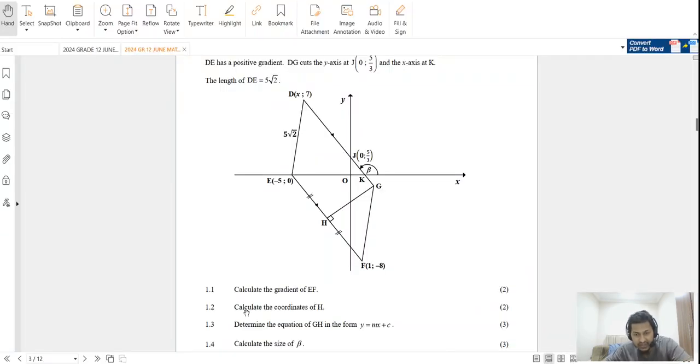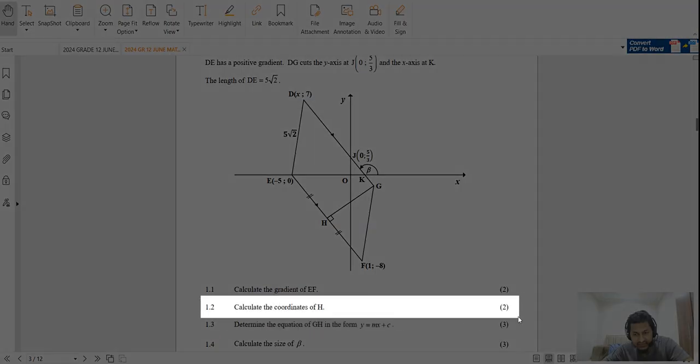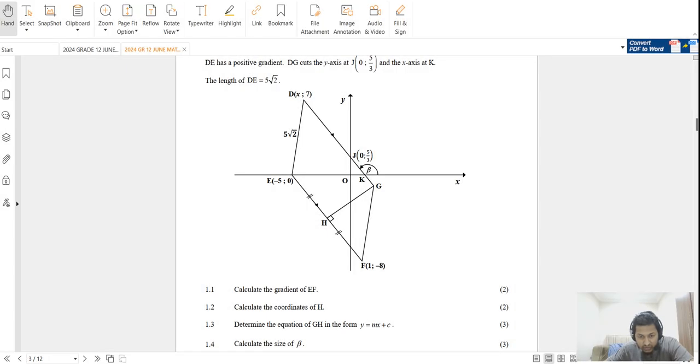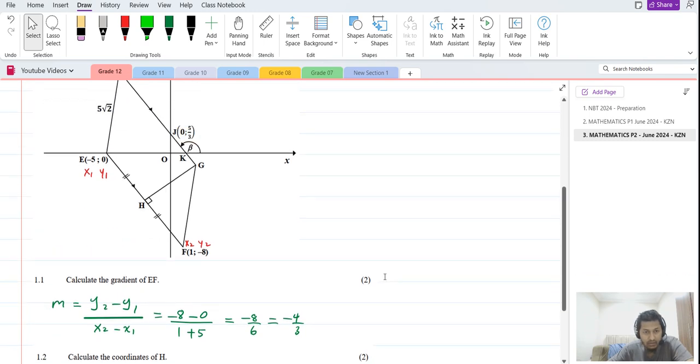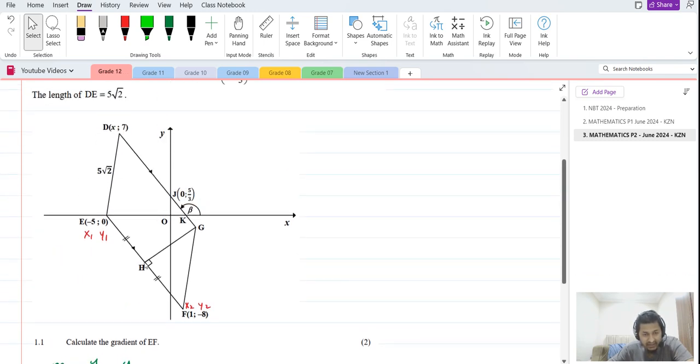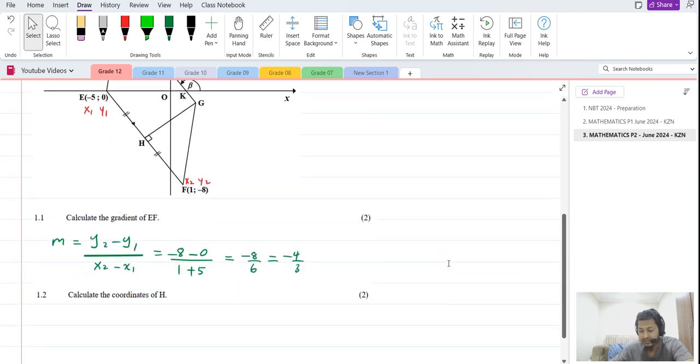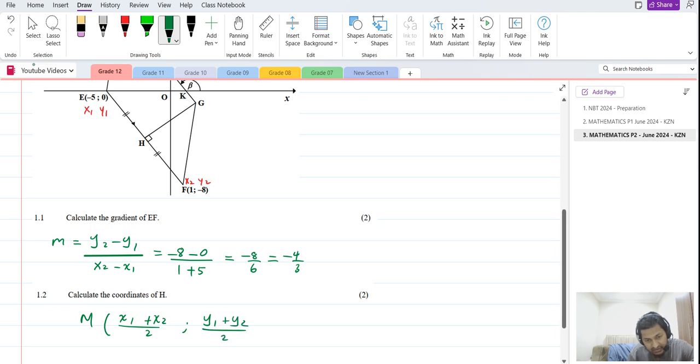Calculate the coordinates of H. To find the coordinates of H, you can clearly see that EH is equal to HF, so that's the midpoint. You know the midpoint formula: x1 plus x2 divided by 2, and y1 plus y2 divided by 2.